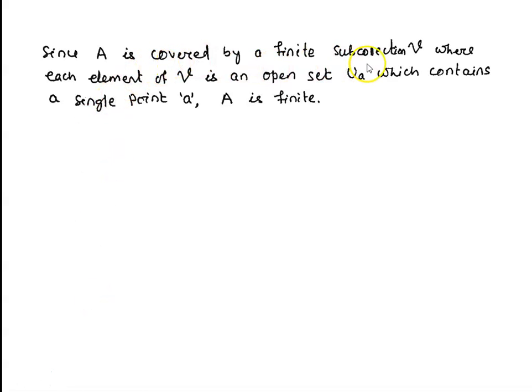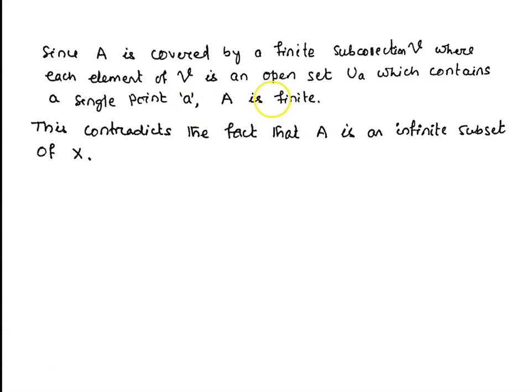Since A is covered by a finite subcollection V, where each element of V is an open set U_a which contains a single point of A, V contains a finite number of elements and each element contains a single point of A. So A is finite because V covers A. This is a contradiction, because we have taken A to be an infinite set.